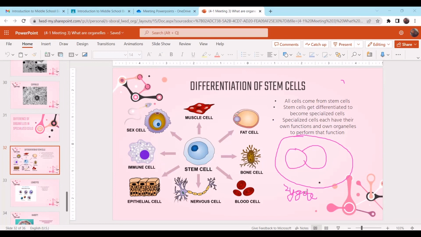Not every cell has the same size organelles, the same size nucleus, but all cells do have those 23 pairs of chromosomes in their DNA. So stem cells get differentiated to become specialized cells. Every single cell in your body right now comes from a stem cell. Specialized cells each have their own functions and own organelles to perform that function.